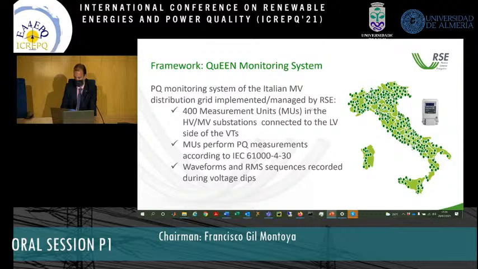And each of these measurement units performs power quality measurement according to standard IEC 61000-4-30, and they have an additional feature. So we can acquire waveforms and RMS sequences during some special events such as voltage dips.